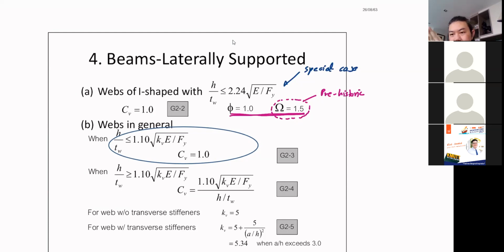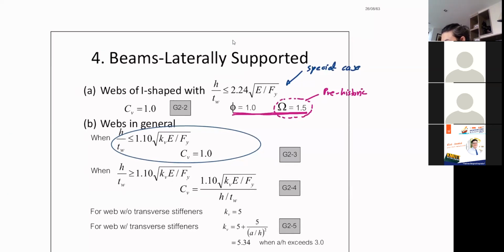How would you know that the thickness of the web is exactly like that? Maybe the error in the manufacturing process will give you a web that is slightly thinner than the number suggests. So they always reduce something. So in the prehistoric era, this is 1.5, but then phi is 0.9.